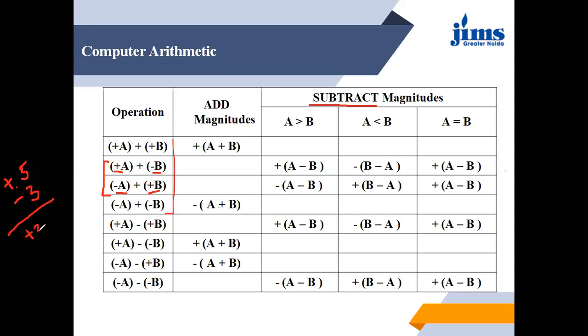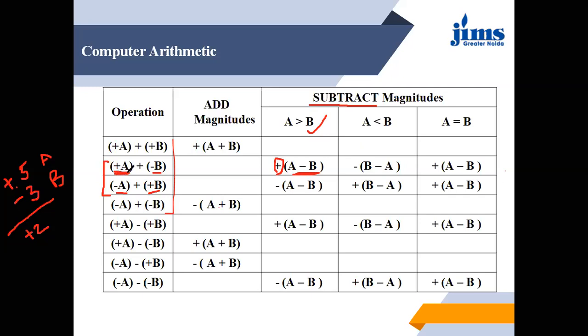So you can see over here, suppose this is A and this is B. When A is greater than B, then the result is A minus B, and the sign is of A. You can see from here.